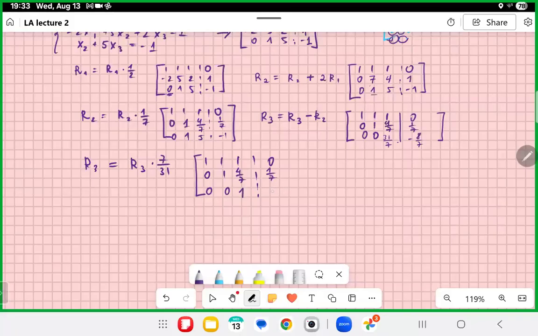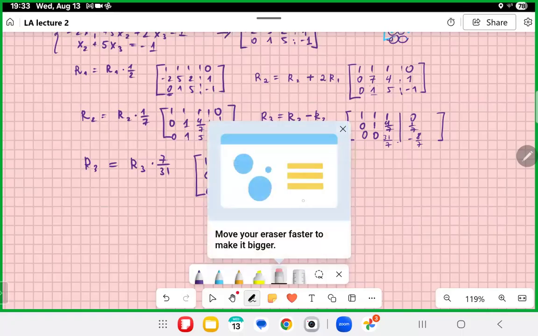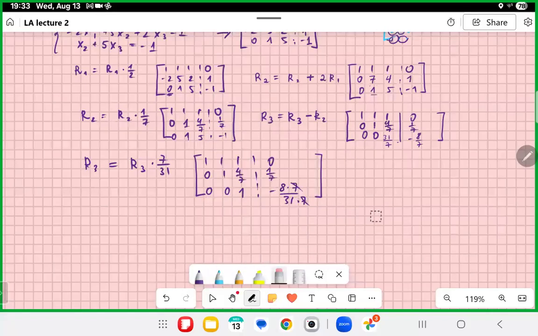And the only little problem is 8, 7 over 31, right? Here we are going to have 2 7s in denominator, which I'm going to cancel. And I'm just going to erase it and write down minus 8 over 31.